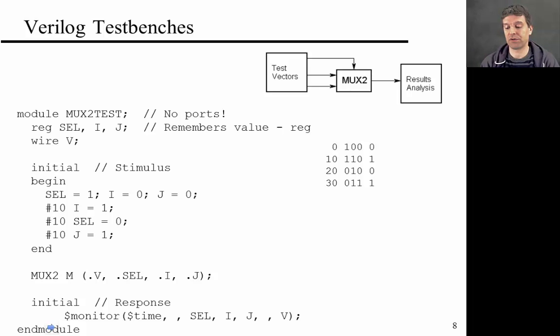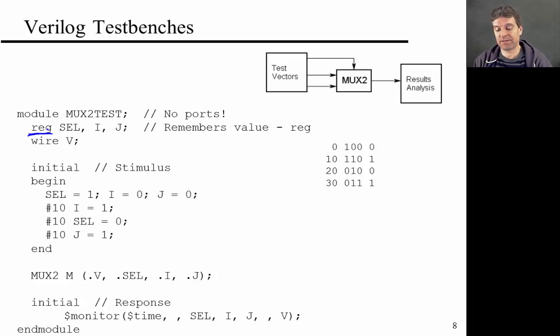So again, you define a module. It's called mux2 test, so it's meant to test the multiplexer module we just introduced on the previous page. It doesn't have any ports, which is important for the test bench. We're introducing this new keyword, reg, or register.